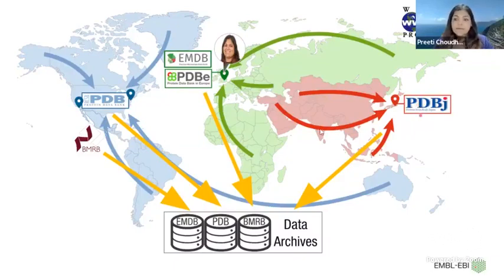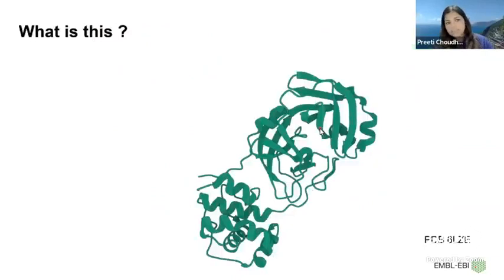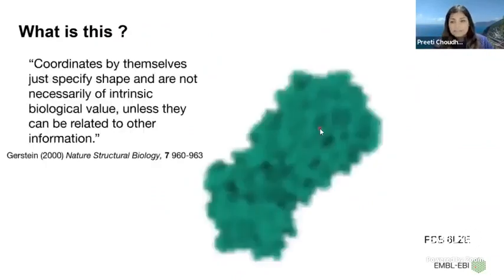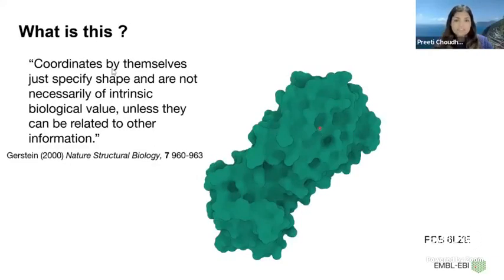Talking about atomic structures, when we look at a 3D coordinate file, we start with what is this? 3D coordinates by themselves are just shapes and not of any intrinsic biological value unless we add some additional information on top.